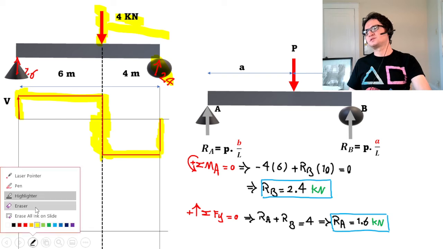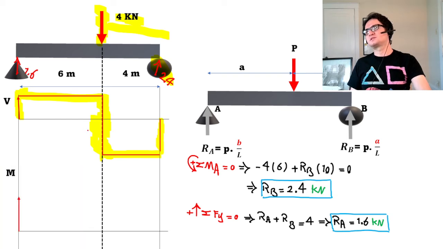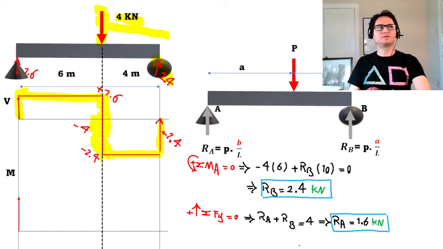So this is positive 1.6, negative 2.4, and positive 2.4. That's how easy you can draw the shear diagram, just by following the forces and observing the other external forces on the beam.